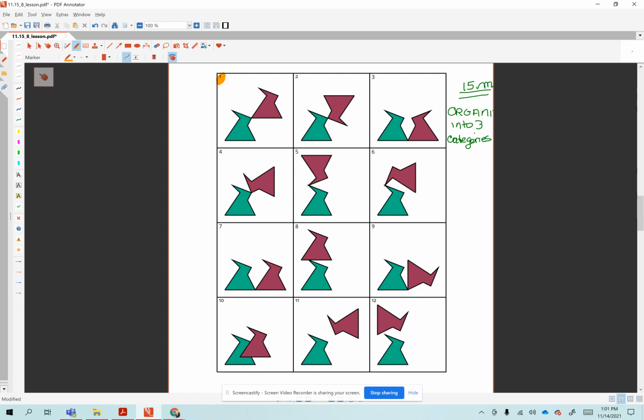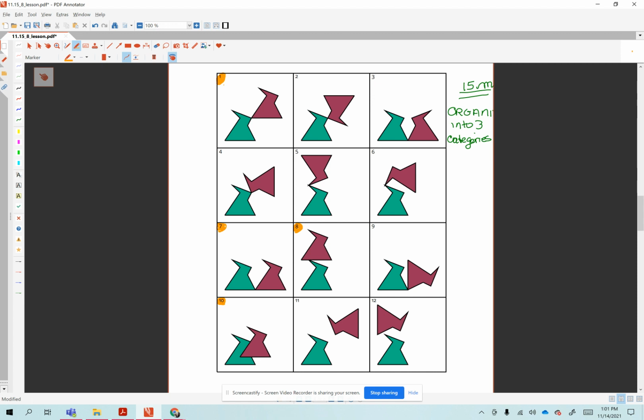Do we have any others that just shifted? If we look at number 7, this figure is also a shift. Number 8, we have a shift upwards. And I would even say number 10 is still a shift.